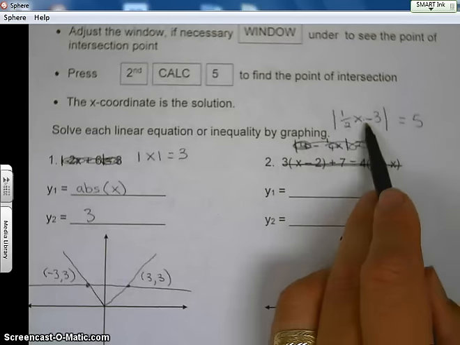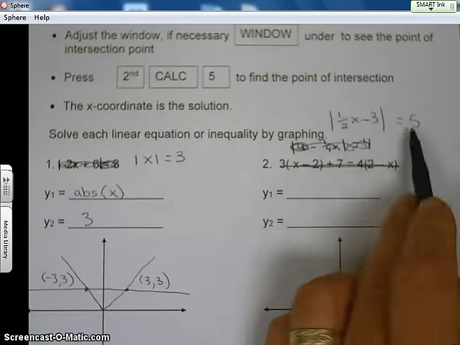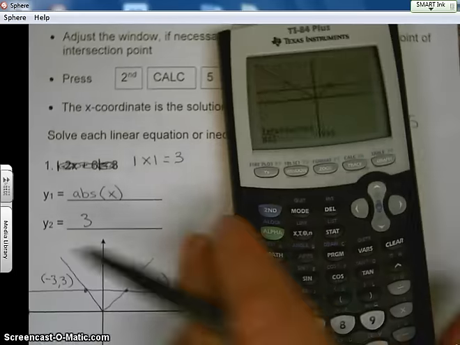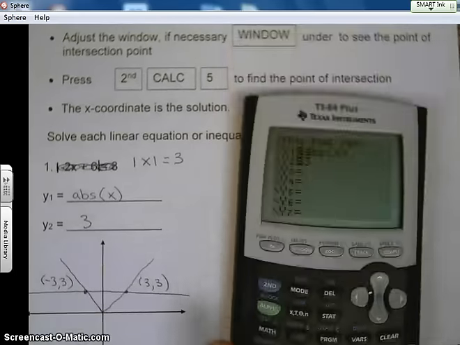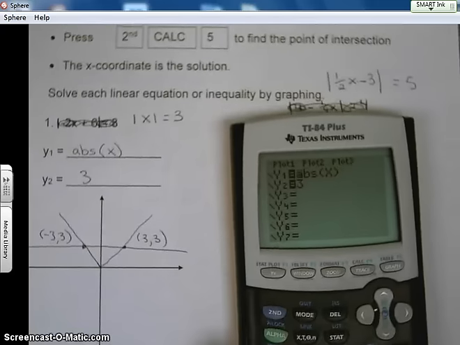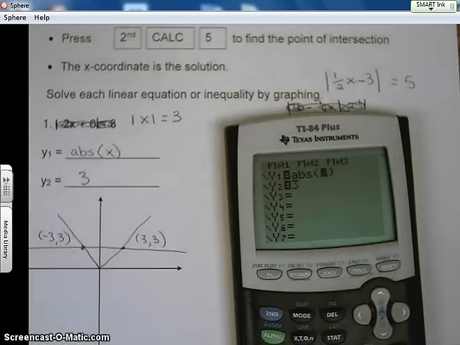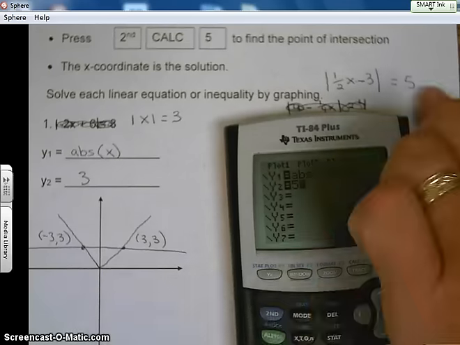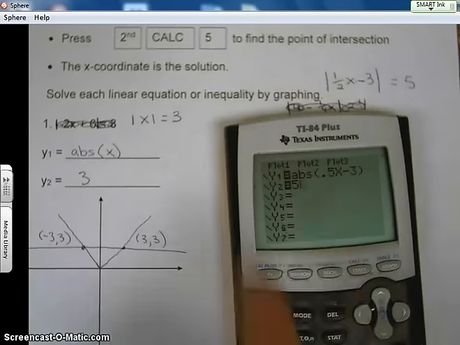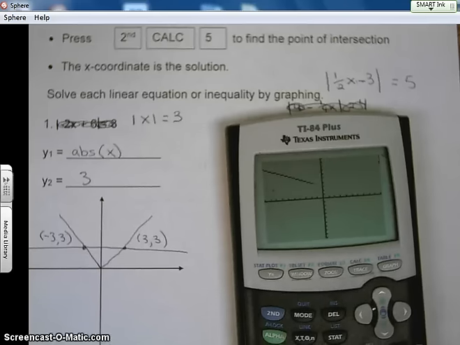So again, we're going to put the left side in y1 and the right side in y2. Okay, there's your left side. There's your right side in for y2. Okay, graphing it.